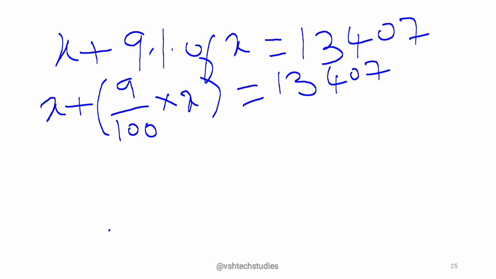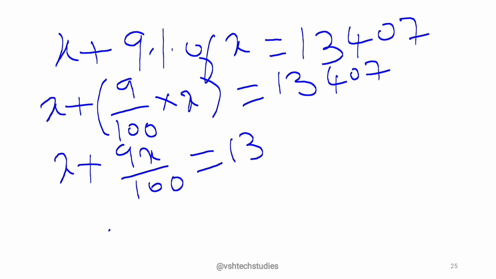Now here X as it is plus 9 into X is 9X upon 100 as it is. So 13,407. Now X plus 9X upon 100 means here 100 is written in the denominator. It is taken as LCM.